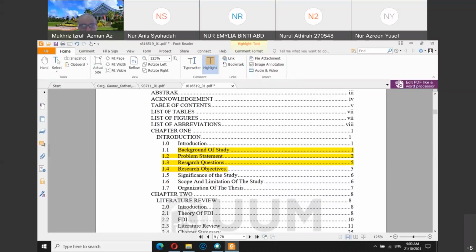Okay, and once you develop your research questions, the research objective is quite simple to do because it just follows what the questions are that you wrote in the research question. So it's just a matter of rewriting the sentence into objective format.